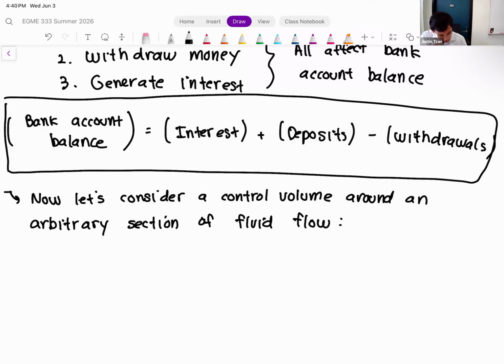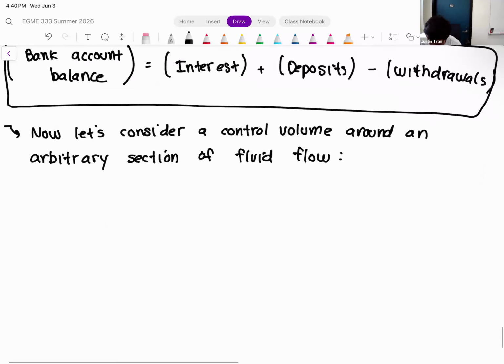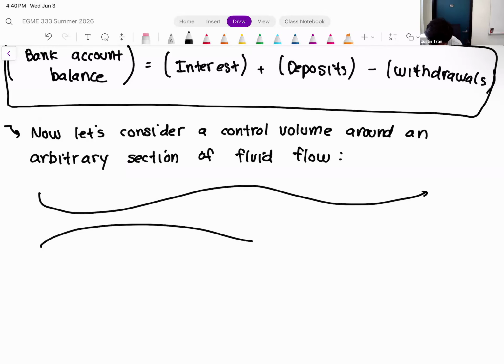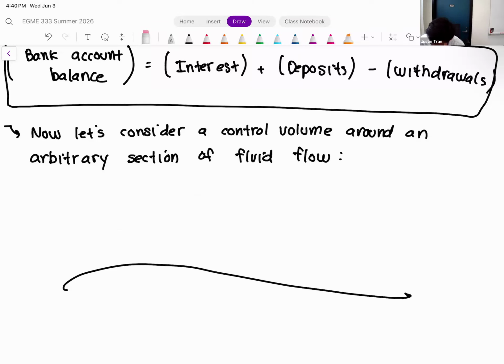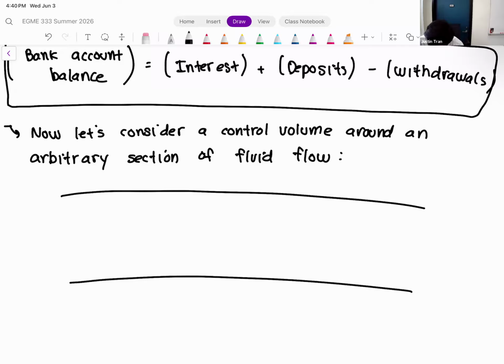All right, so let's say that we have fluid flow coming like this. Actually, let's make it a little bit simpler. Let's consider this to be pipe flow, so that we just have a distinct inlet and a distinct outlet. Let's draw a control volume within that pipe.